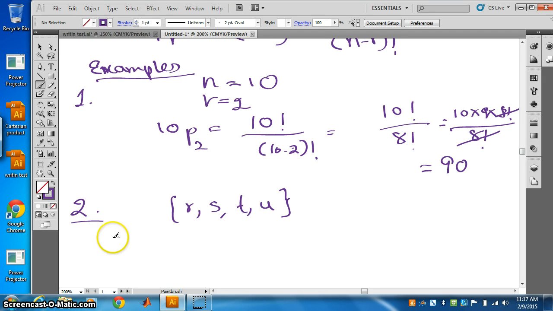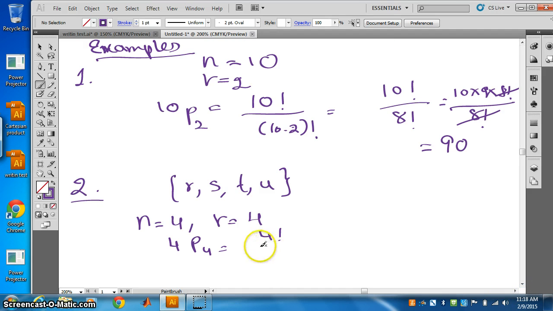What is n here? 4. We have to select all 4, so the number of permutations will be 4P4, which is equal to factorial 4 divided by factorial n minus r, 4 minus 4. Factorial 4 by factorial 0. What is factorial 0? It is 1. And factorial 4 is 24. So the answer is 24.